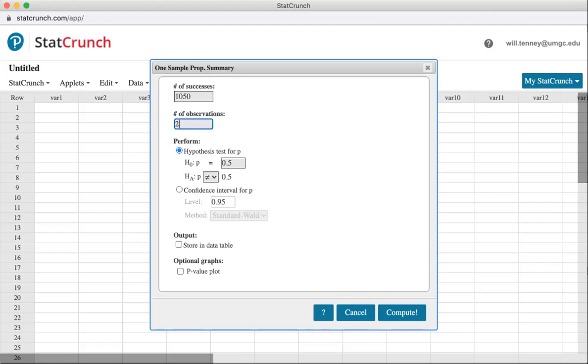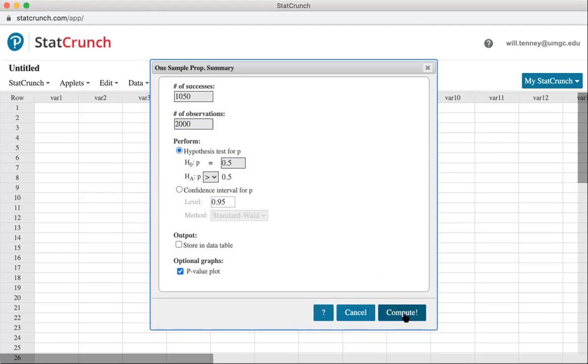Number of observations, 2,000. We are coincidentally testing against 50%. Most is more than 50%, and I'll throw that in there.